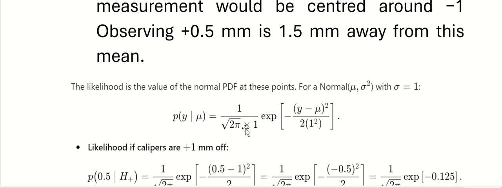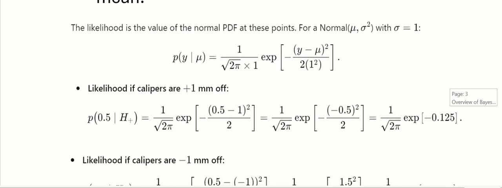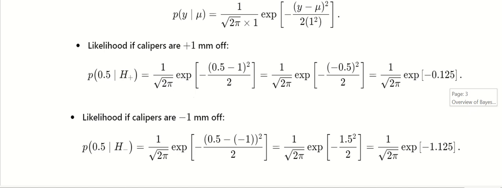So what is the likelihood if the calipers are +1 mm off? The data we have is 0.5. We substitute this, and we get this result. And in case it was -1 mm off, we also get this result.